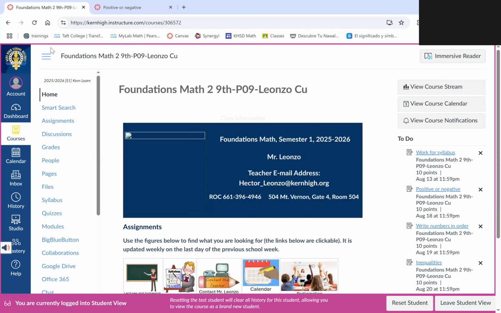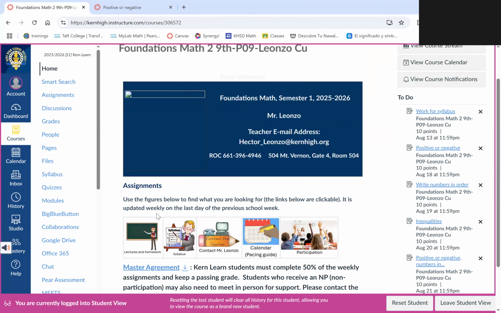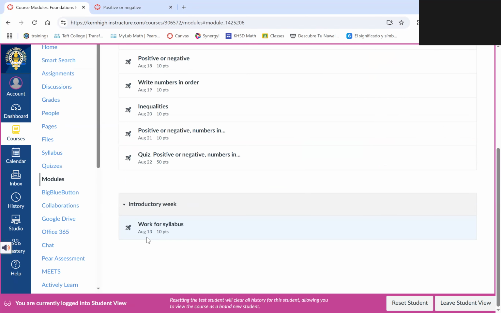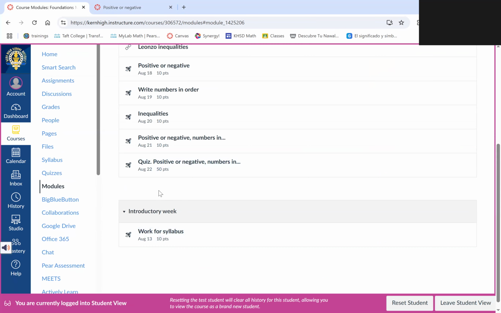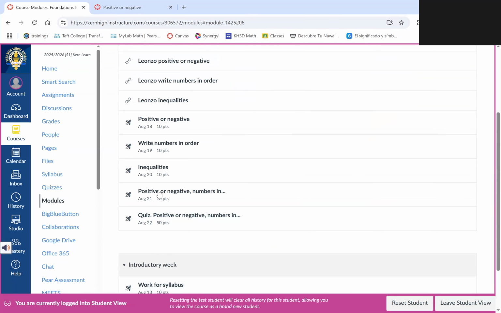Let me come here. Let's take a look at our lecture and homework. We're going to be clicking here in lecture and homework. Now, again, this is the work for foundations. In your guys' case, you guys are going to see other things. So let me start with adding three new words to our sentence.